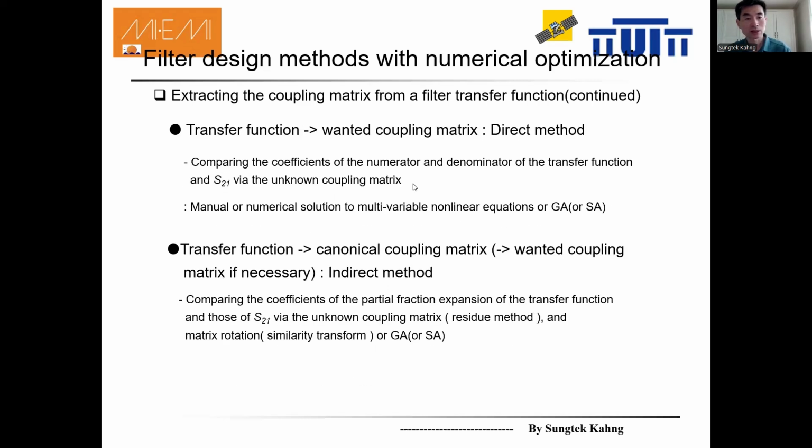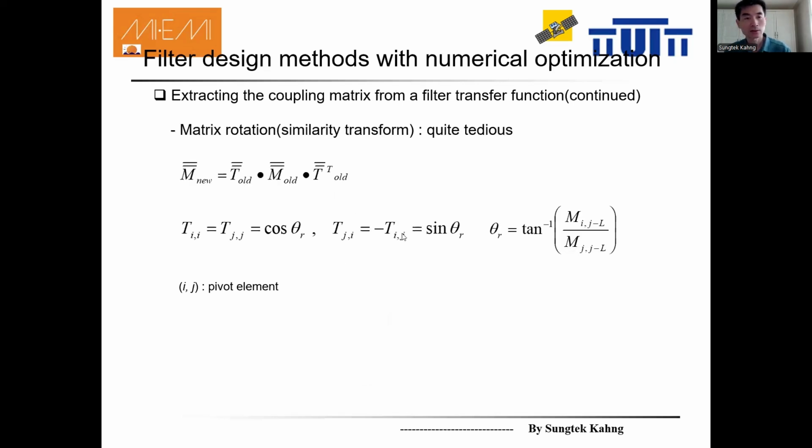So you can use the transfer function, you can use the coupling coefficients, you can use the configuration directly as the unknowns found or figured out by the optimization techniques. This is similarity transform or matrix rotation. It's a very interesting topic, but I'm not going to tell you the details of this.